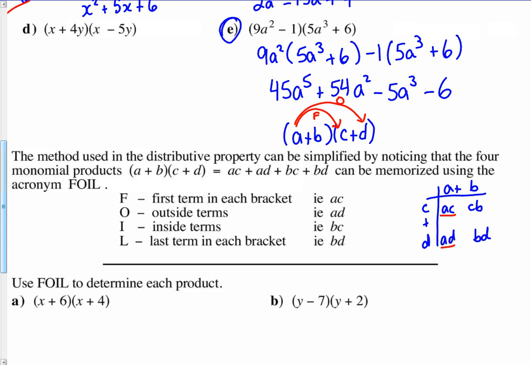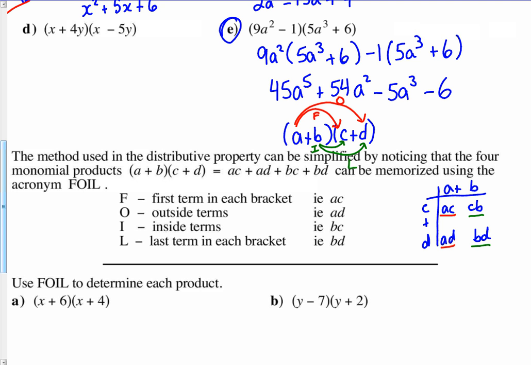A and D are on the outside. Then we want to multiply B by C and then B times D. See how B is multiplied by C and then by D. So B and C, they're on the inside, and B and D, they are the two last terms.